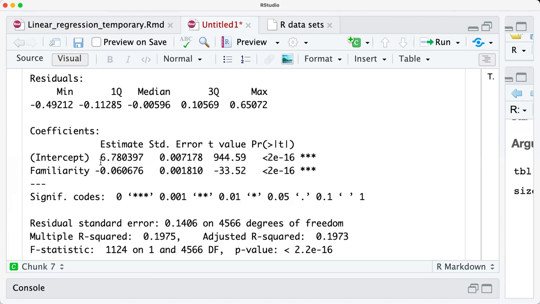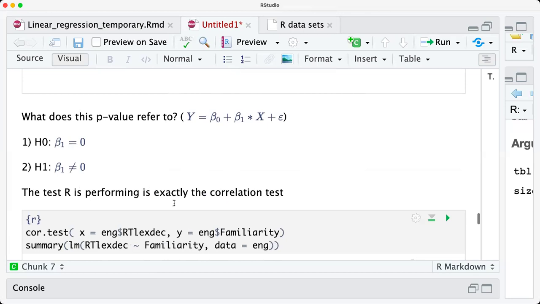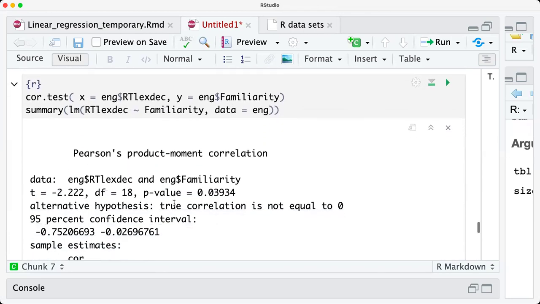Beta 0 doesn't give us anything visual. Yes, exactly. We are interested in the trend, in how x correlates with y.